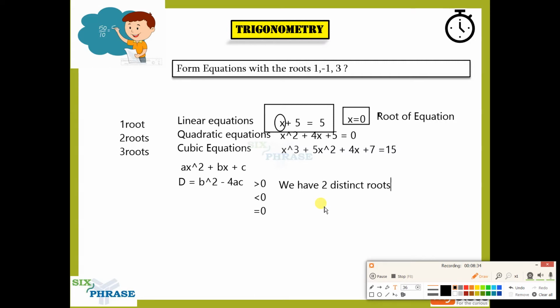When it is less than 0, it means we have no real roots. When it is less than 0, we might have some imaginary roots, so we are not concerned about that. We are not going to concentrate on the less than 0 case. Right now we are going to concentrate on greater than 0 and equal to 0. When it is equal to 0, we have only one root.